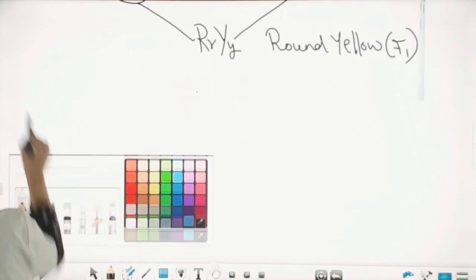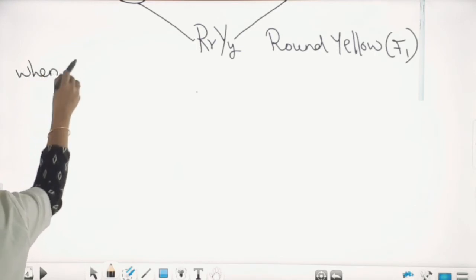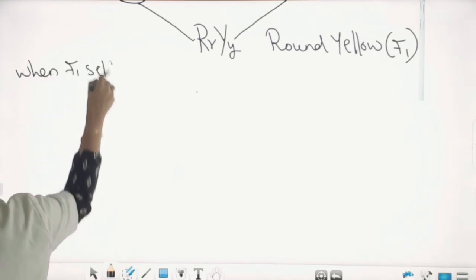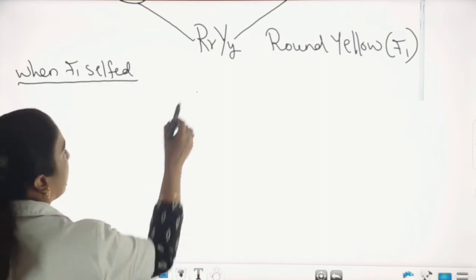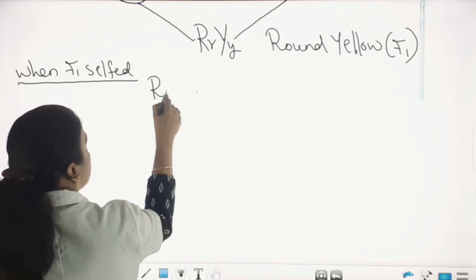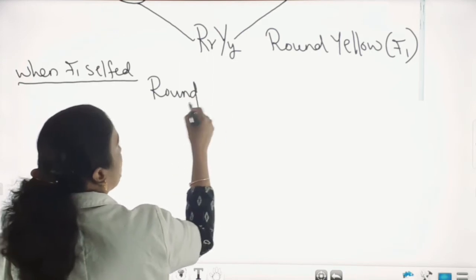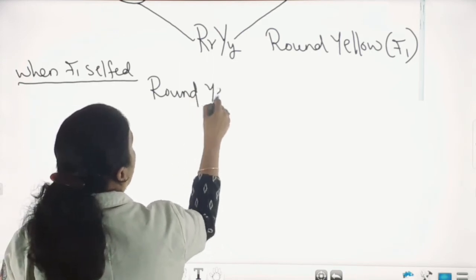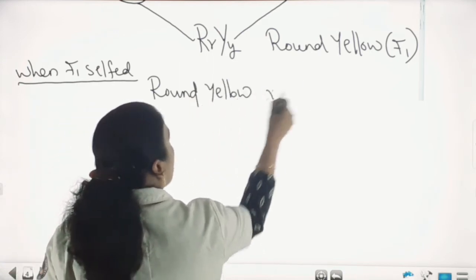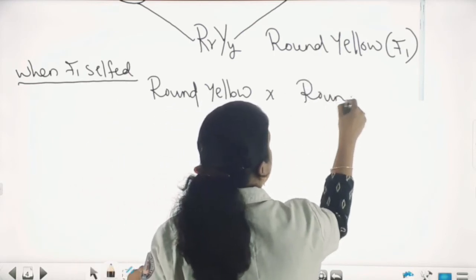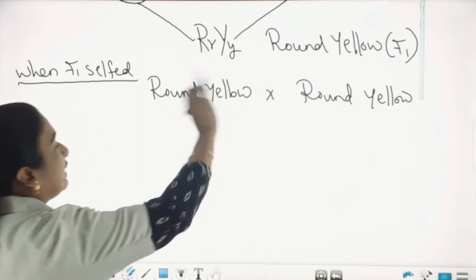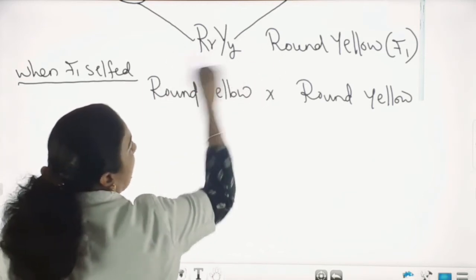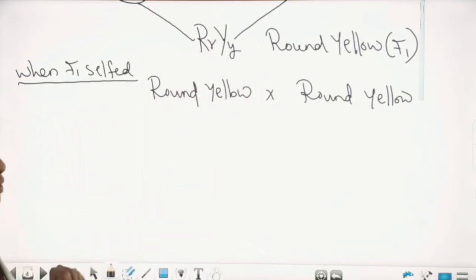So we can write, when F1 self, means self-pollinate. Okay. So here the same parent, the phenotype of the parent is round yellow, and round yellow itself, because Mendel was taking this round yellow for self-pollination.